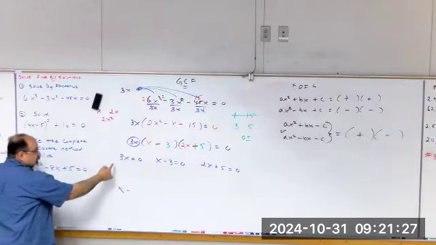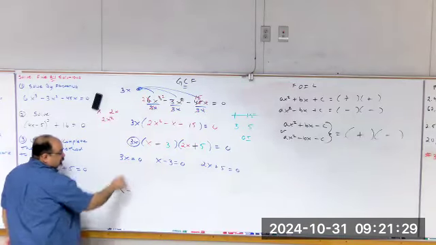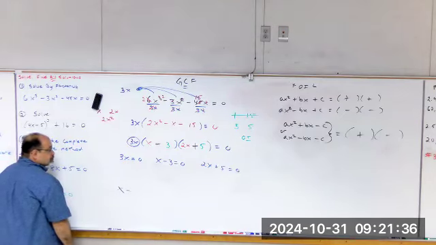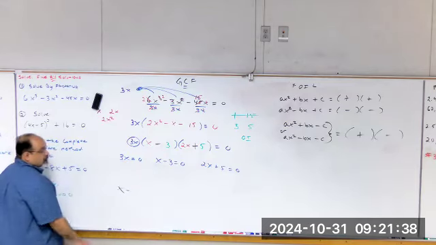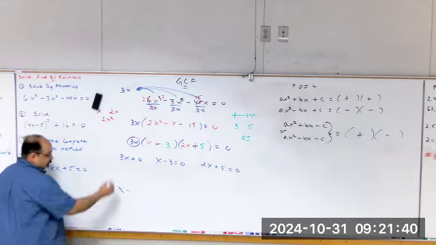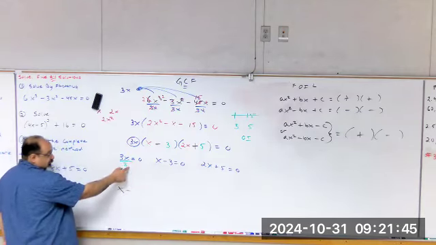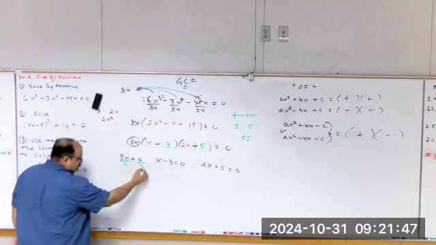So when I go to solve this, 3 times x equals 0, what do I do? How do I undo 3 times x? Divide by 3. Don't put x down. It's just divide by 3.